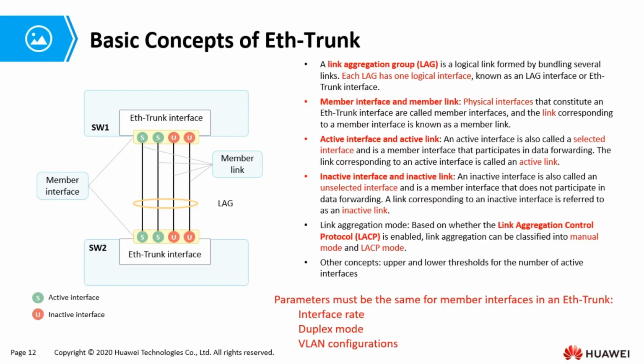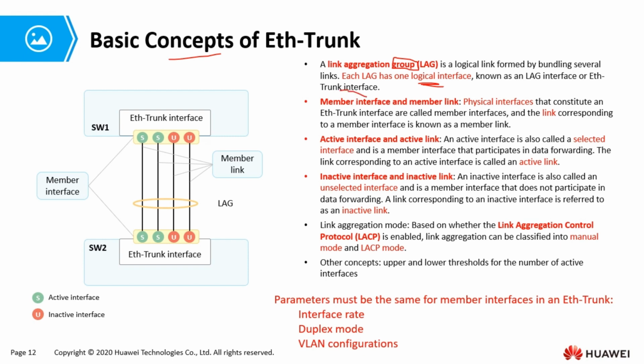Okay, so we are going to learn the basic concept of the Eth Trunk link. First, you look at a group, which we call a link aggregation group. Each link aggregation group has one logical interface, which we call an Eth Trunk interface.